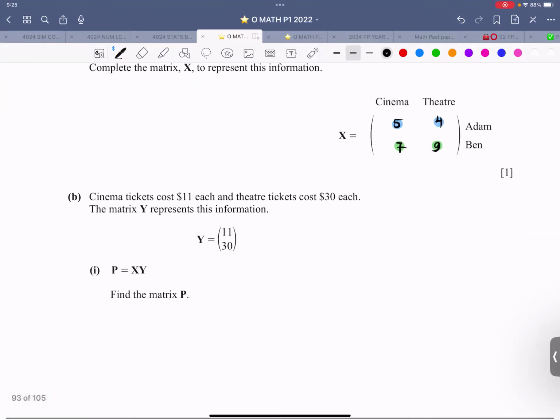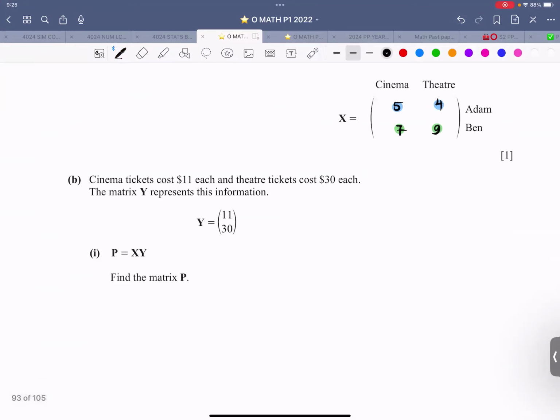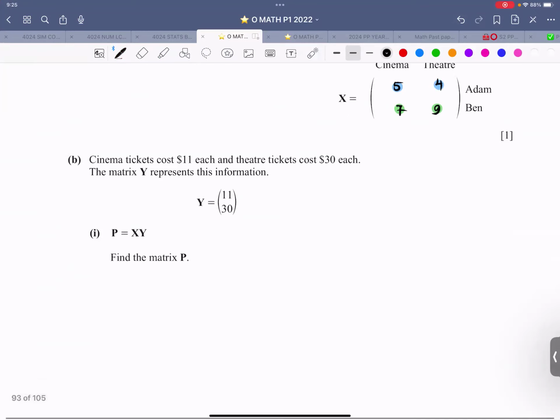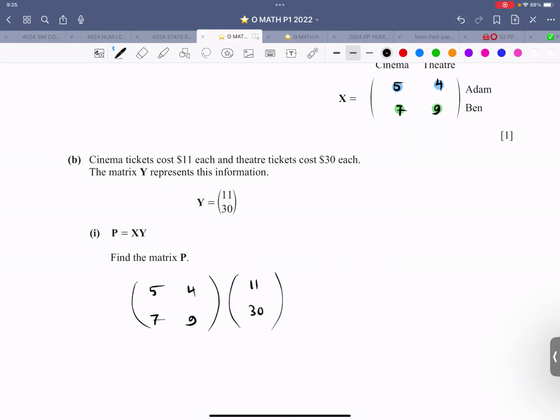Now, cinema tickets cost $11 each. Theater costs $30 each. The matrix Y represents this information. P is XY. Find the matrix P. So first write X, which is 5, 4, 7, and 9. And this is 11 and 30.